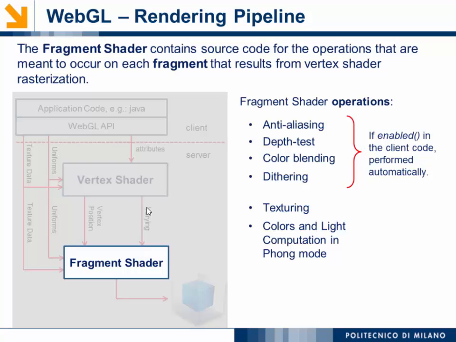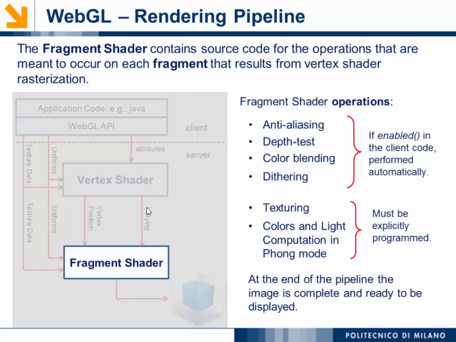The first operations are quite simple and can just be enabled by default functions of GLSL. The last two must be explicitly programmed because there are too many different variables, so those operations cannot be simply automated.